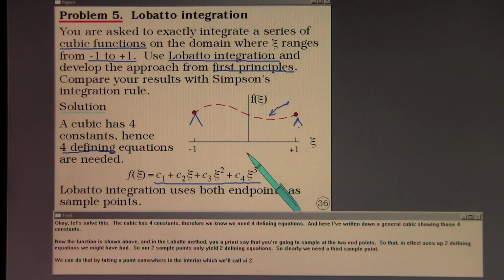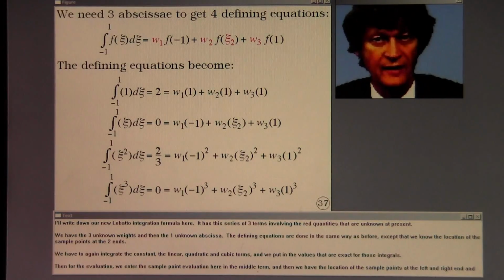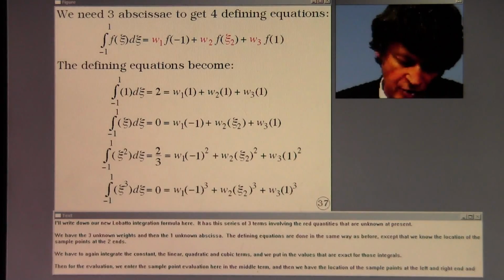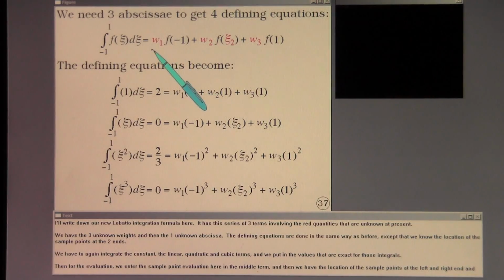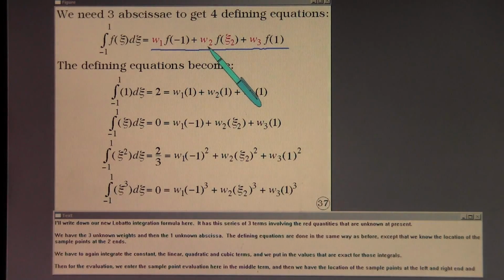We can do that by taking a point somewhere in the interior, which we'll call C2. I'll write down our new Lobatto integration formula here. It has this series of 3 terms involving the red quantities that are unknown at present. We have the 3 unknown weights and then the 1 unknown abscissa.